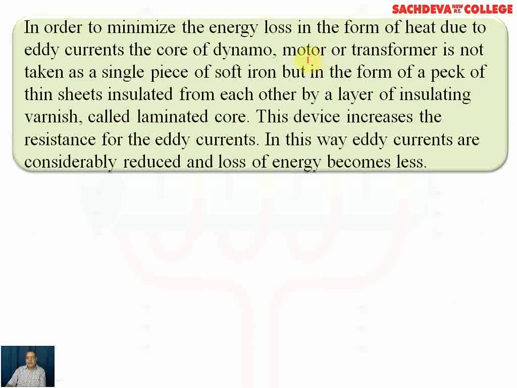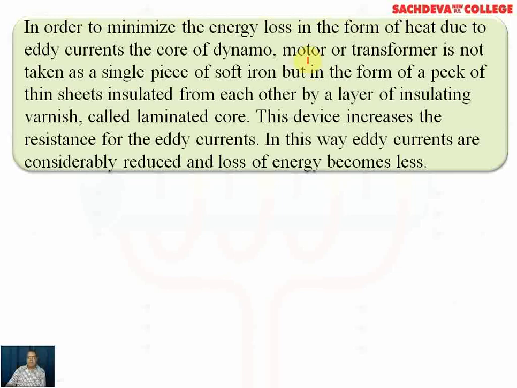So, a motor or a transformer. Transformer works on the principle of mutual induction. Dynamo is also working on the principle of mutual induction. And what we find is that a single piece of soft iron is taken in the form of a core. Now, what is soft iron? Soft iron is a susceptible material.